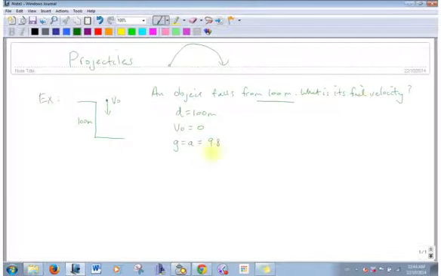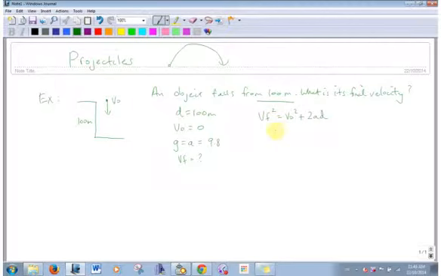Okay, I want to know its final velocity. VF is what? Look up your formulas. There's probably a formula that has D, VO, G, and VF. Hopefully you come up with that one. Don't forget to square or square root here.